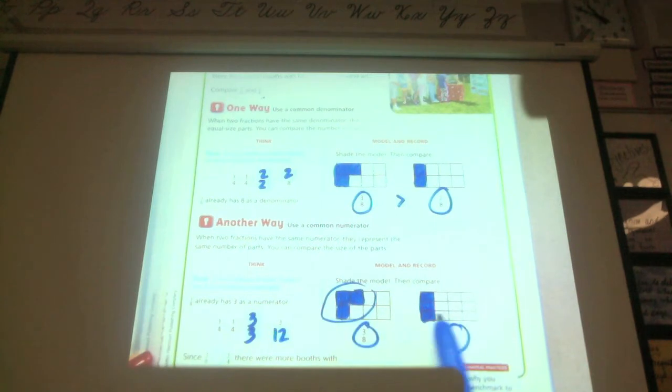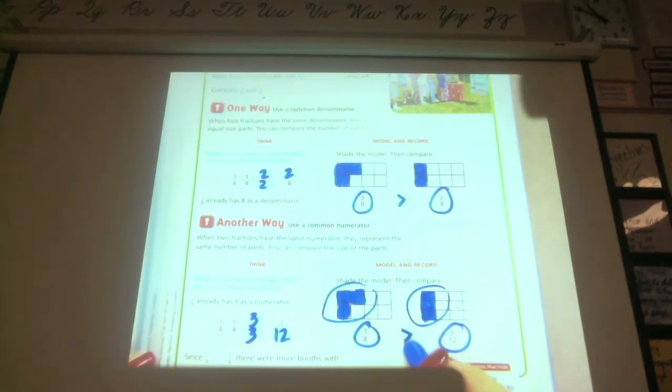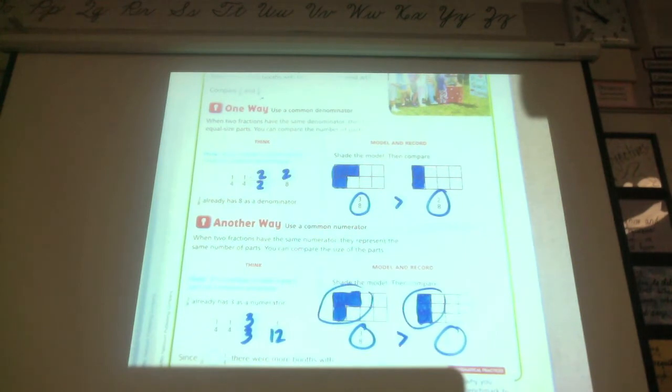I can tell that this is a bigger amount than this. So visually, I can see that the 3/8 is a larger amount. If I don't have a model in front of me and I have the same numerator, I can look at the denominator and know that a larger number means smaller or larger parts?